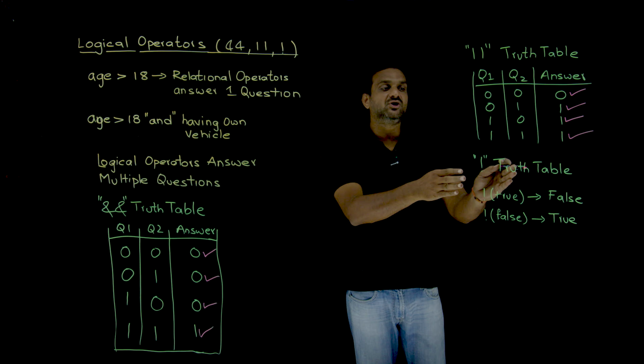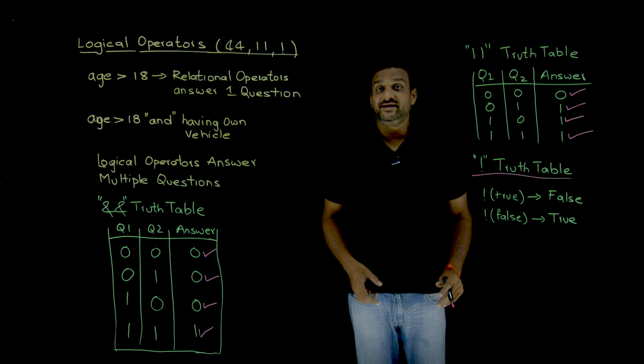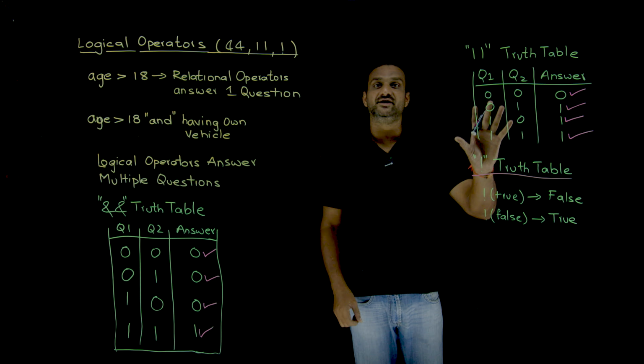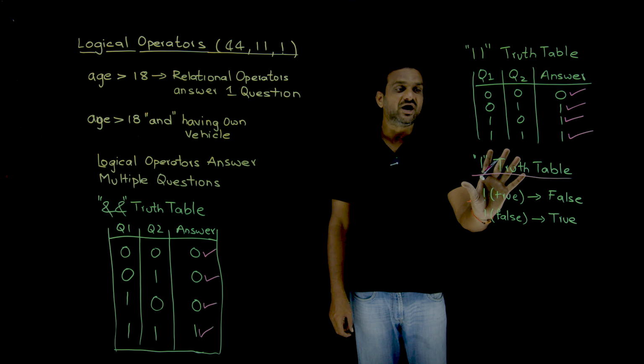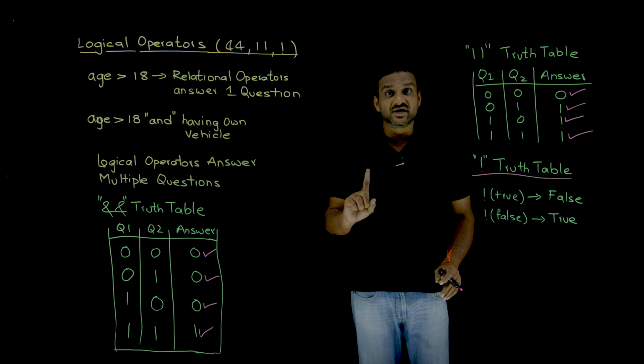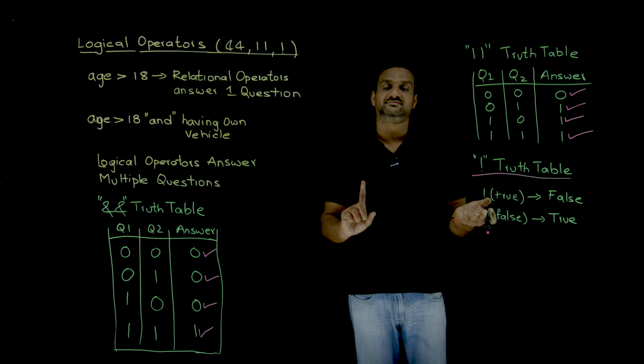And what about the NOT operator? This is the truth table for the NOT operator, and it is not going to answer multiple questions. So this is a bit different from AND and logical OR. The outcome of the NOT operator is the opposite result of the existing answer.